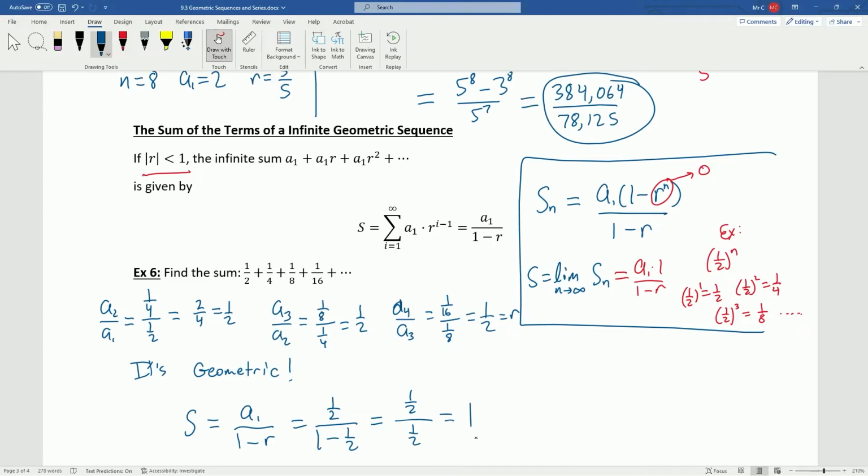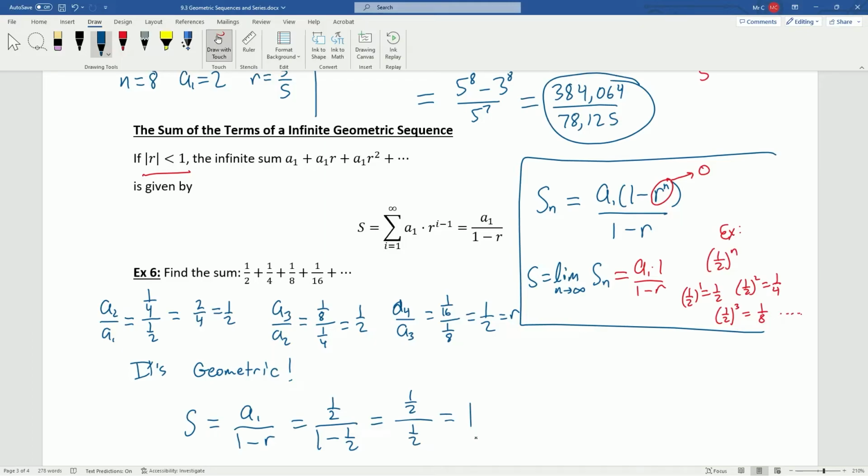Notice this is the same example that we did at the end of our first video on sequences and series. In that video, we were just talking about how to think of this sum, 1/2 plus 1/4 plus 1/8 plus 1/16, in terms of the number line and what values it's approaching.